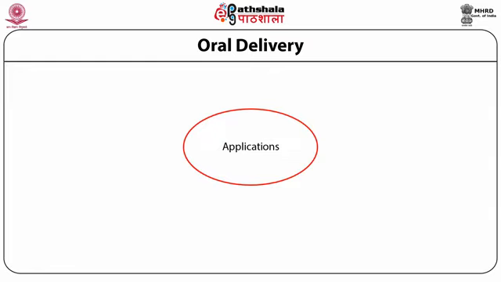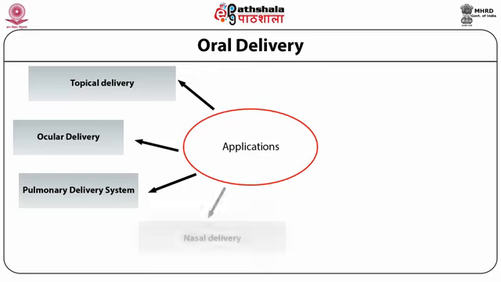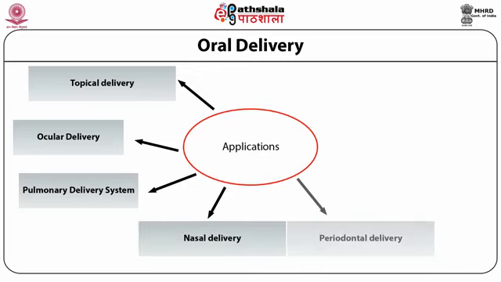For our study purpose, we can divide the preparations described in the literature into different categories: microemulsions prepared for oral delivery, topical delivery, ocular delivery, pulmonary delivery, nasal delivery, and periodontal delivery.